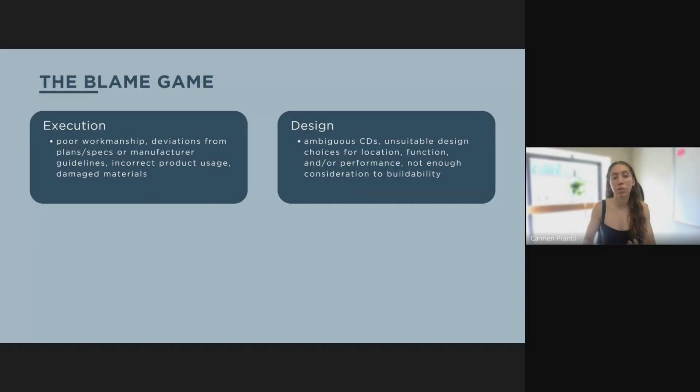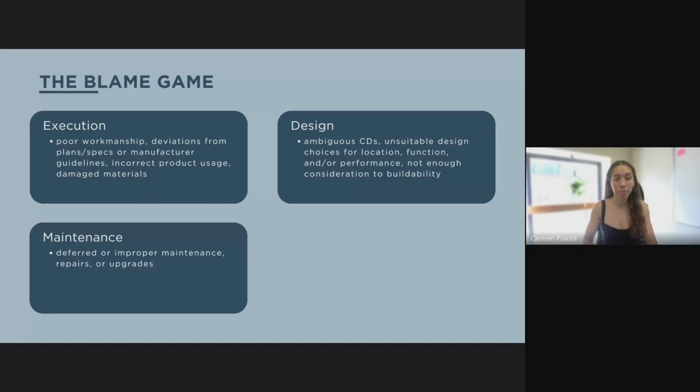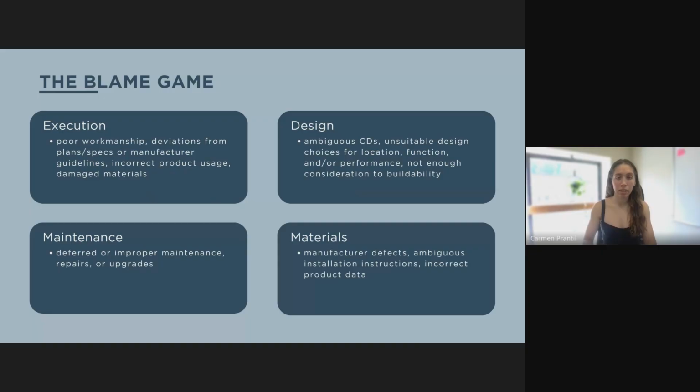People might say that there wasn't enough consideration to buildability or constructability, which I'll circle back on later in this presentation. People point to maintenance, specifically deferred or improper maintenance, repairs, upgrades, things of that nature. And then finally, people will blame materials, so manufacturer defects, ambiguous installation instructions, or installation instructions that are 600-page long novels that nobody wants to read, buried on page 414.